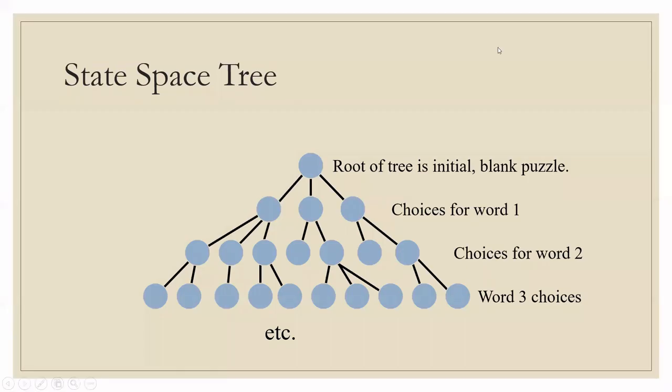The different choices for each word assignment can be represented as a state space tree. At the root of the tree is the empty crossword puzzle. The children of the root represent all the words that can be used to fill the incomplete word. Each node in this tree represents a possible dictionary assignment to an incomplete word, given all the assignments that have been made so far.